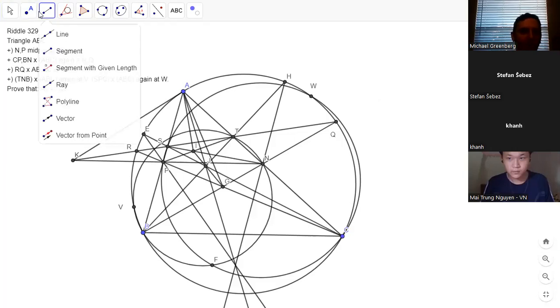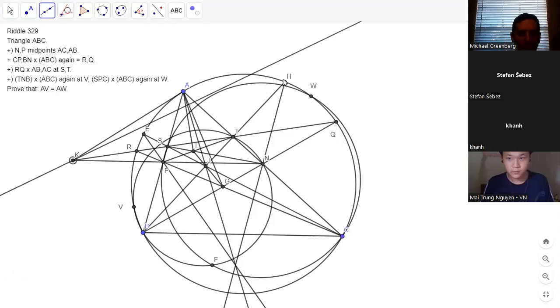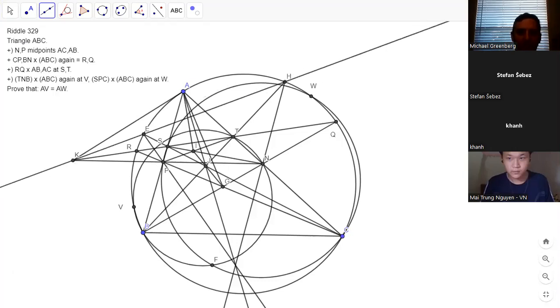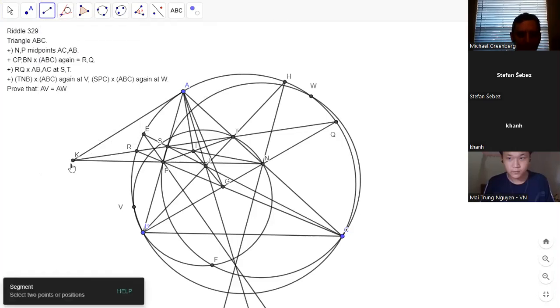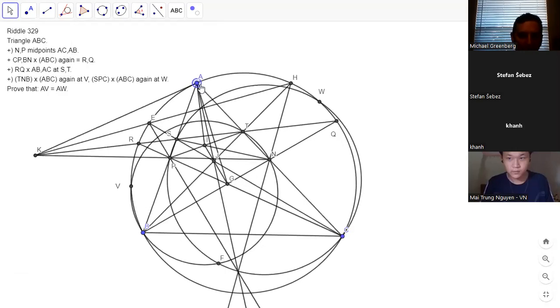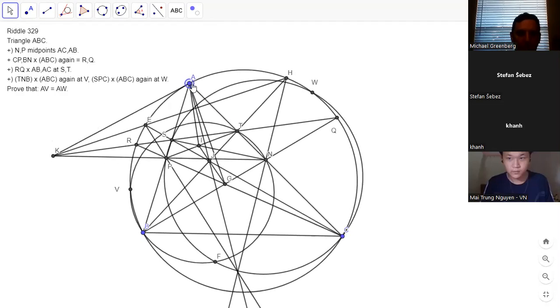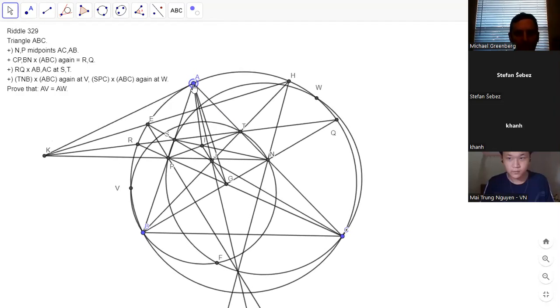Maybe K, E, and H are collinear too. Yeah, it looks like it. So yeah, I don't know how to prove that part, but it looks like K, E, and H are collinear.